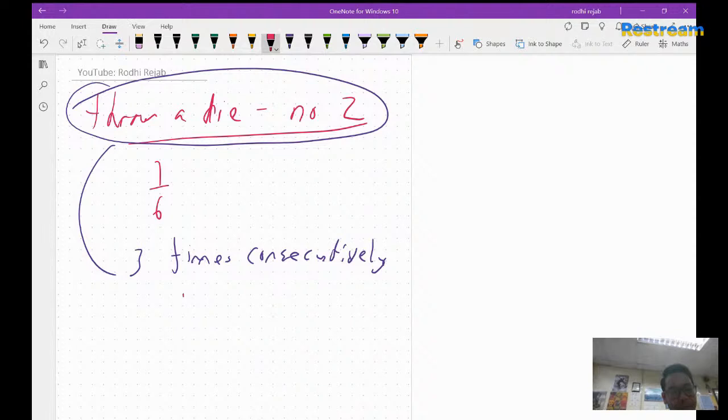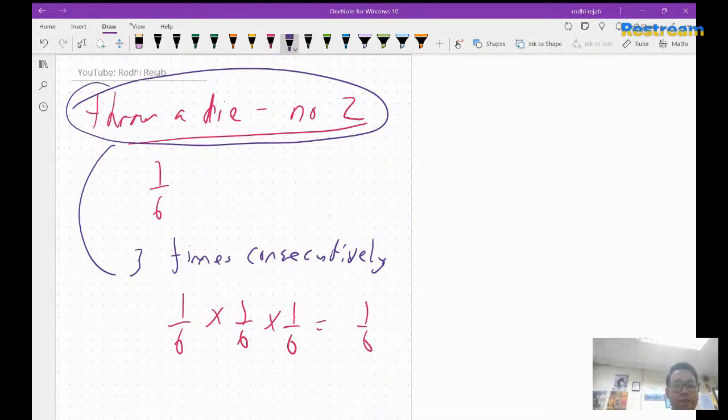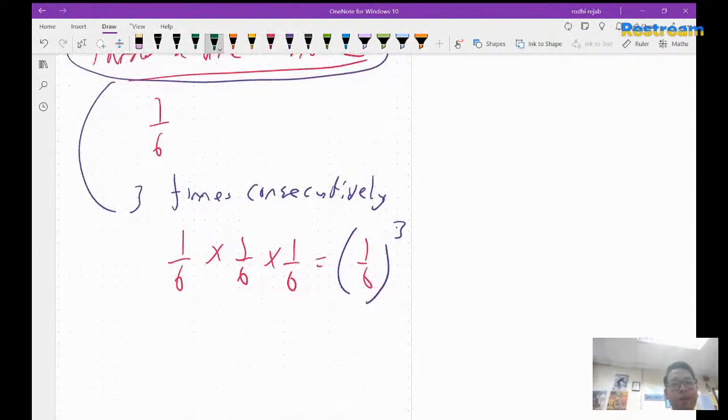The correct answer is 1/6 times 1/6 times 1/6, or you can also say (1/6)^3. Because you need to get number 2, then get number 2 again, and then get number 2 again.